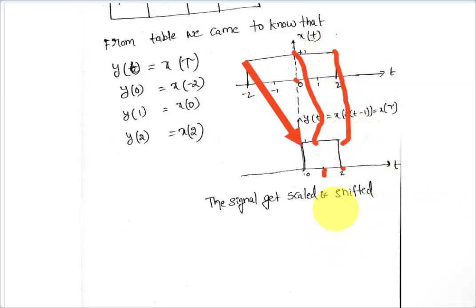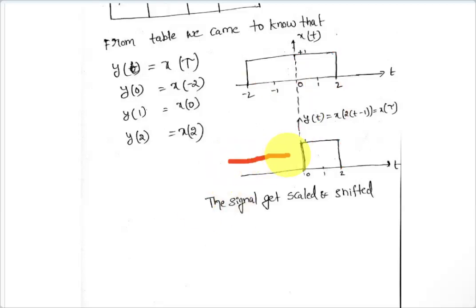Here what we see from this problem is that the signal gets scaled. Means the shape covers less area, so the signal is shrunk or scaled. So the scaling effect is done. Similarly, the whole signal is shifted to the right of the y-axis.